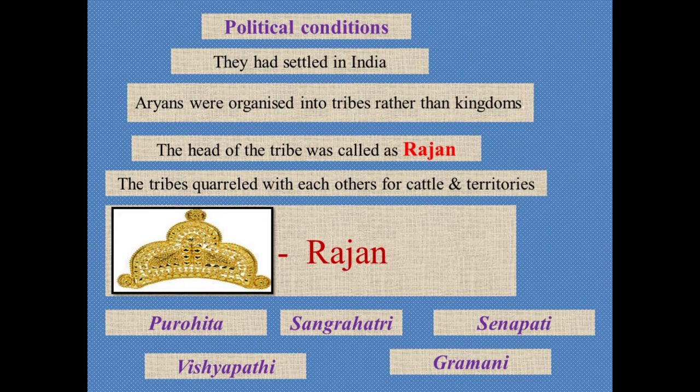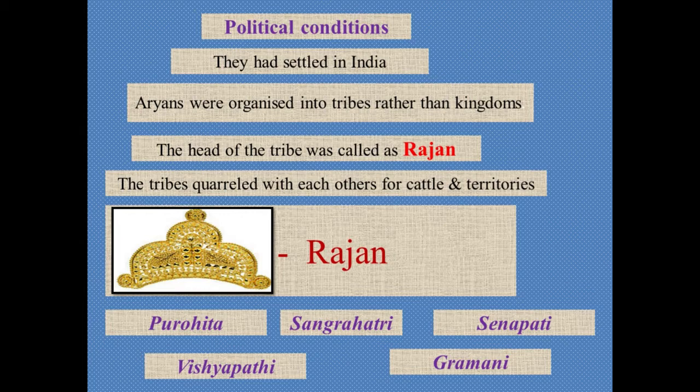Aryans, when they came to India in different numbers of tribes, settled in the river Ganges region, isn't it? As you all know, it was called Aryavarta. After settling down there was no kingdom as such. They were rather called many organized tribes. You understand? They were called only tribes.